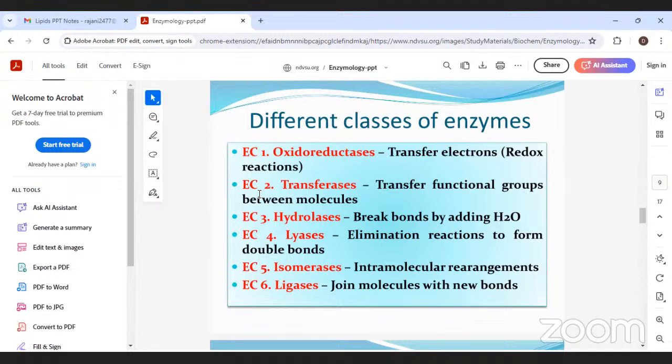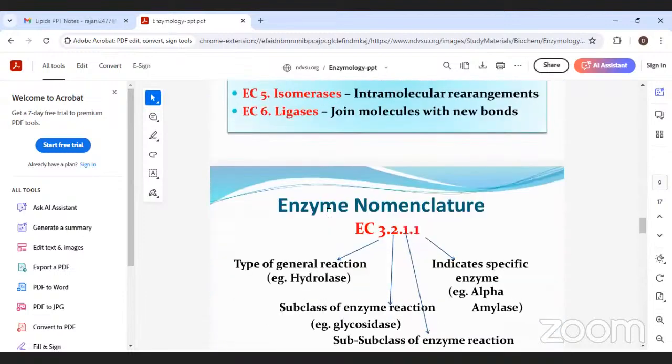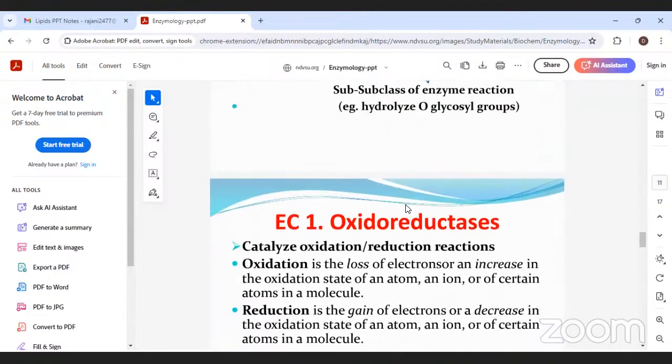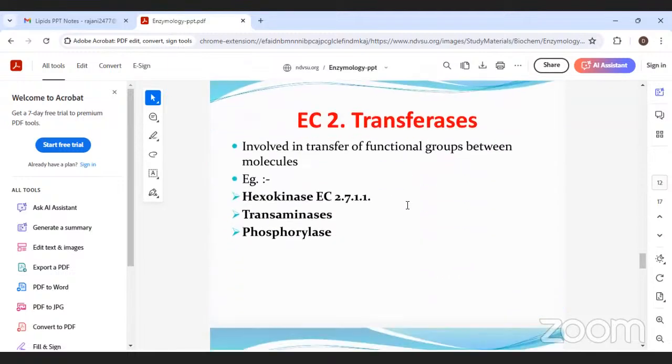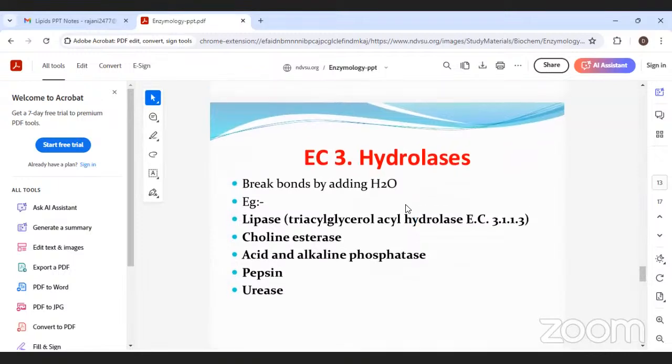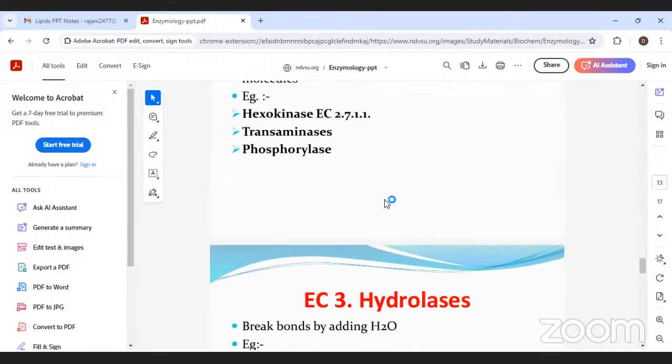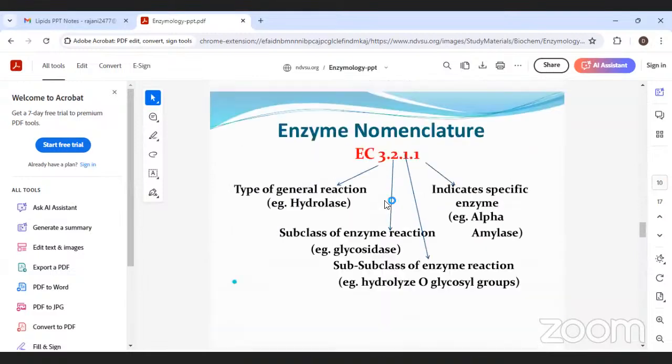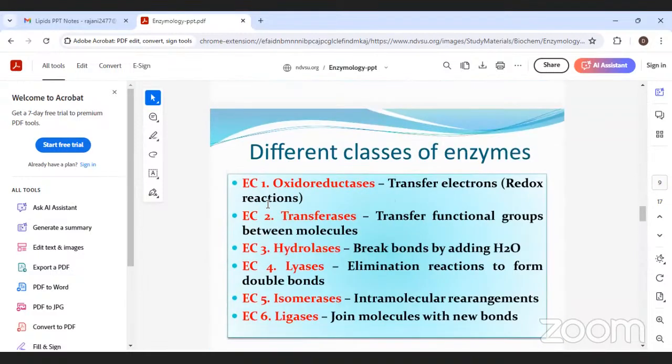Lyases perform elimination. Nomenclature we will discuss later. These are the different classes: oxidoreductases, transferases, hydrolases, lyases, isomerases, ligases.